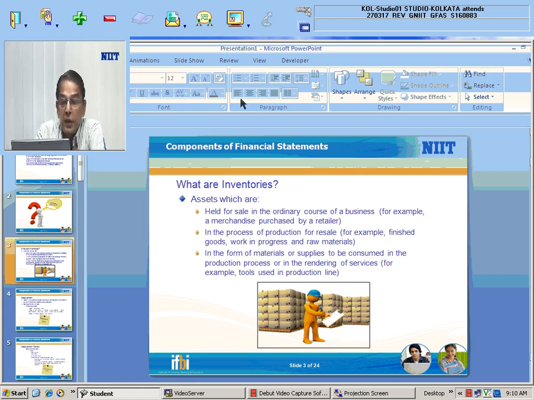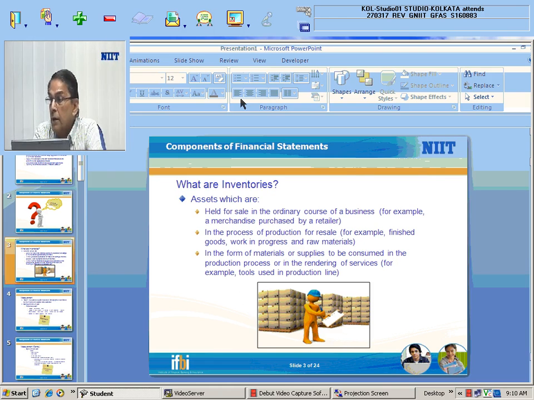Inventory also includes materials or supplies to be consumed in the production process or in the rendering of services, like tools used in the production line. So what we call basically consumables and various kinds of supplies which are required in the production process or in the rendering of service.